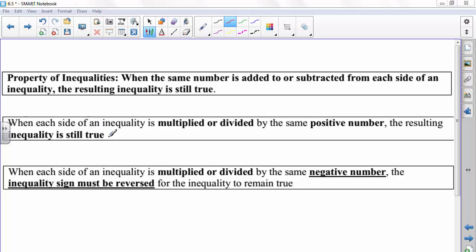Let's look at this one. This one we just learned in 6.5. When each side of an inequality is multiplied or divided by the same positive number, if I multiply or divide both sides of the inequality by a positive number, I still can keep the direction of the inequality sign in the solution steps.